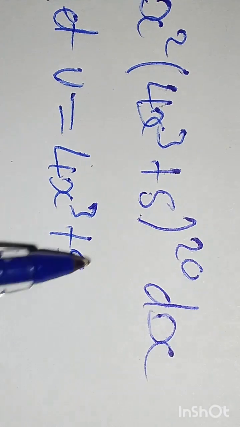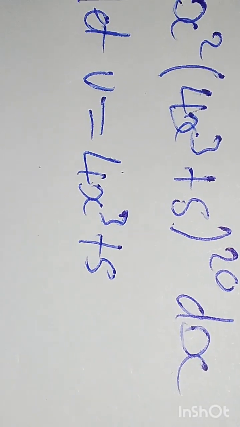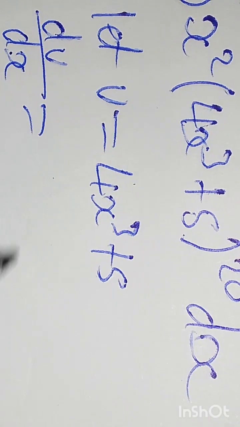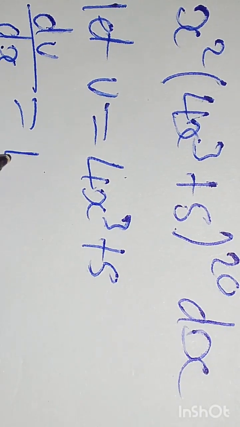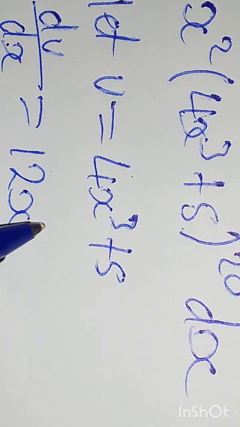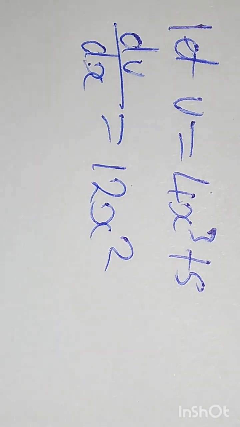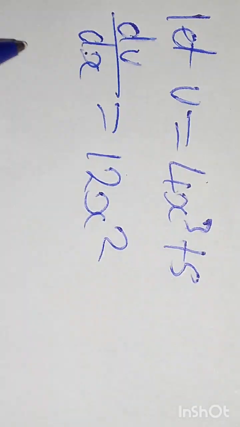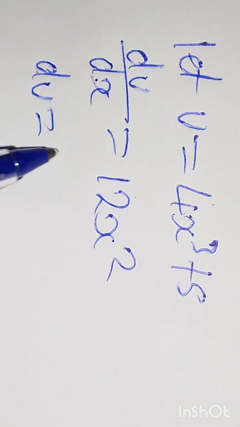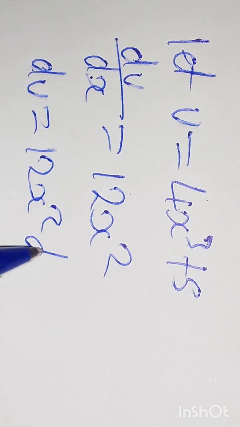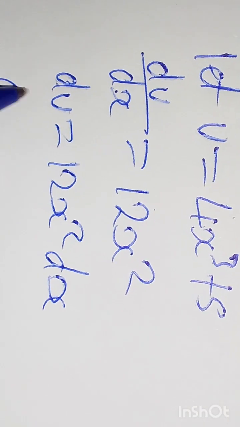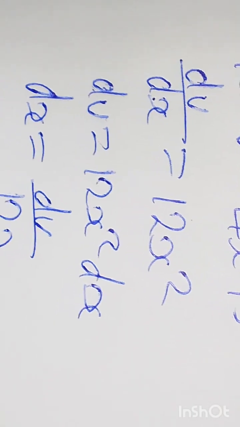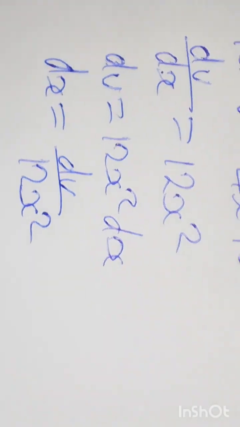Then we find du over dx, which, differentiating this function, is 12x squared. So du is equal to 12x squared dx, then dx is equal to du over 12x squared. From here you are done.